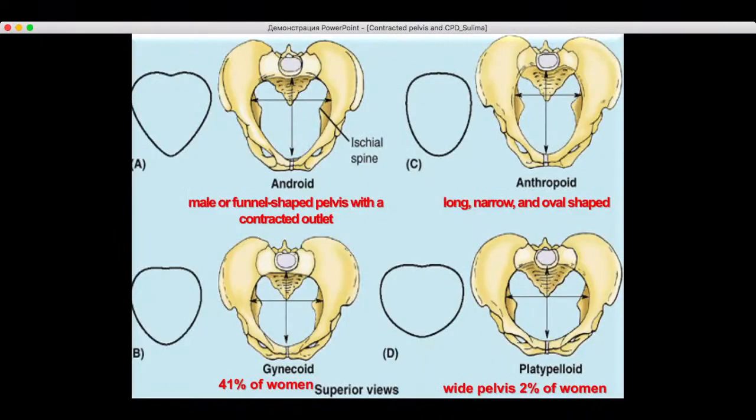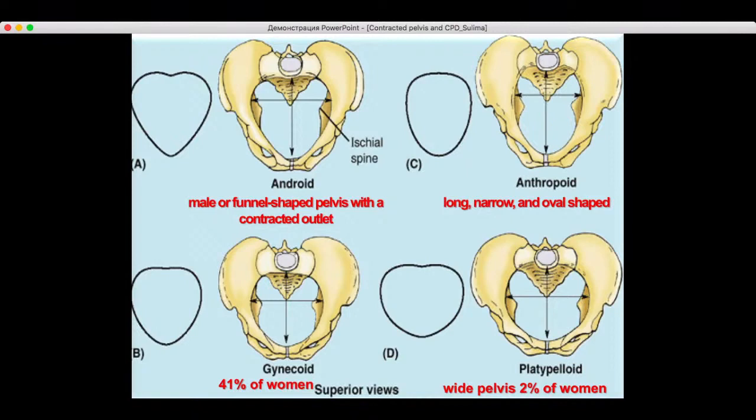We have 4 forms of contracted pelvis. The first shape is heart shape. This is the anthropoid pelvis.